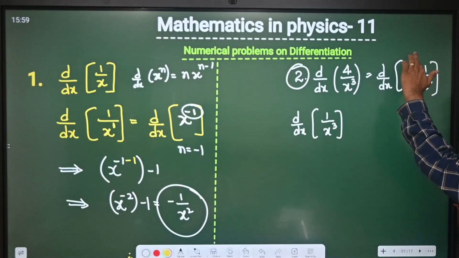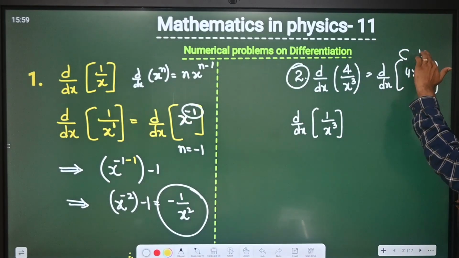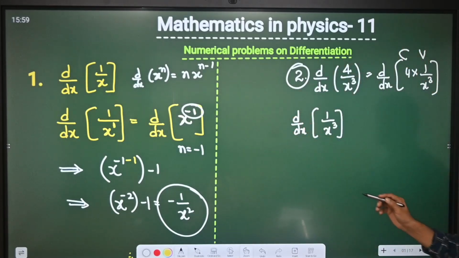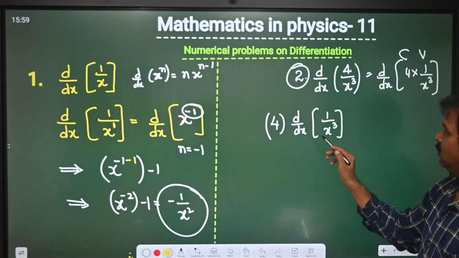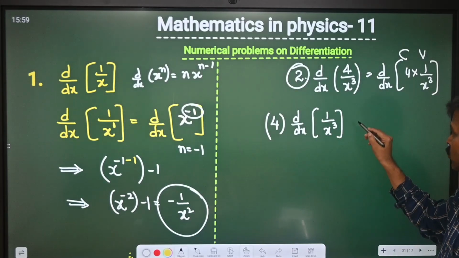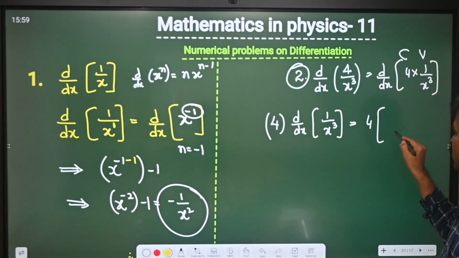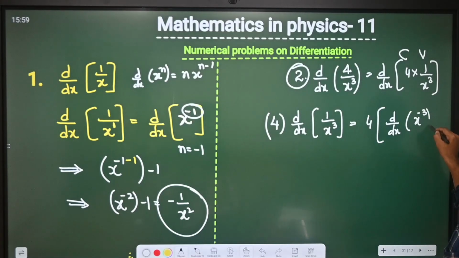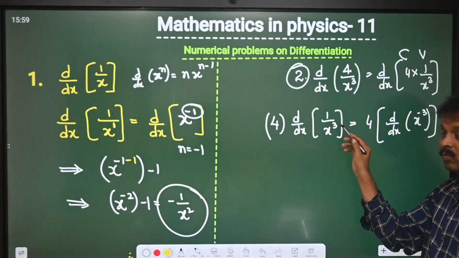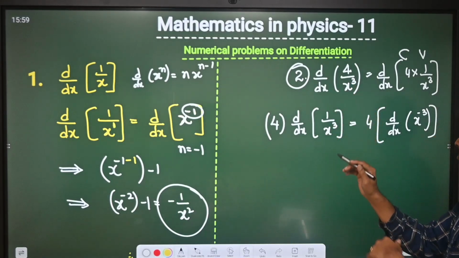So this is a constant into the variable here, so bring the constant outside. I brought this constant: this is 4 into d by dx of x cube, which is 4 into d by dx of x power minus 3, because x power plus 3 goes up to become x power minus 3.